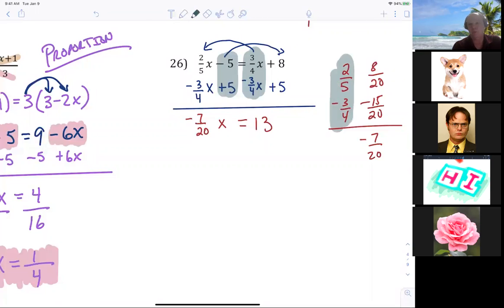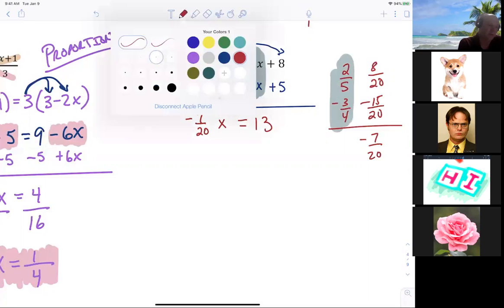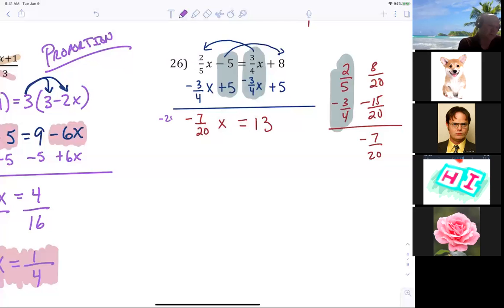Okay, so here we go. All right, now from there, we just multiply by the reciprocal. So the reciprocal is negative 20 over 7. So I'm multiplying by negative 20 over 7. Now again, the reason we do that is because these cancel.